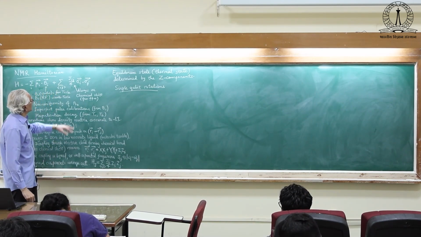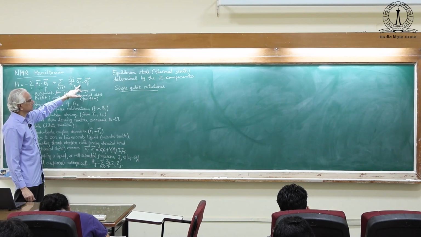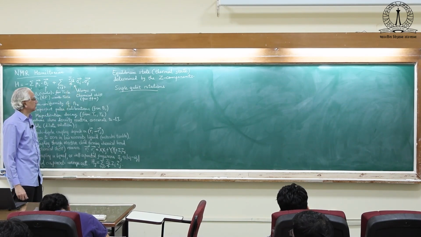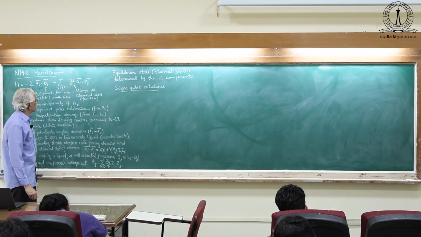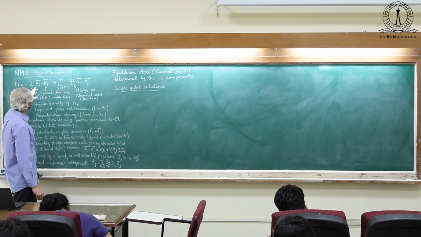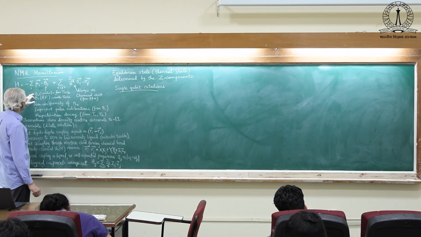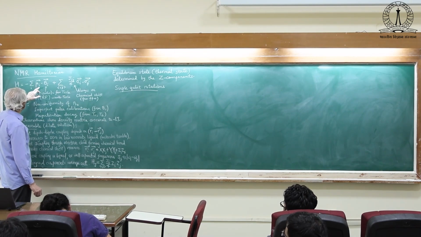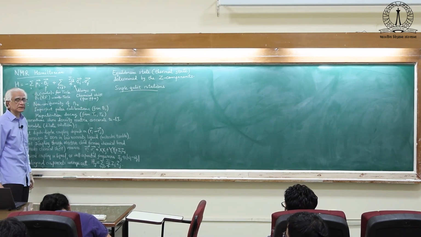For that I will ignore this J coupling for the calculation. Single spin rotations are basically produced by the effect of both B0 and B1.